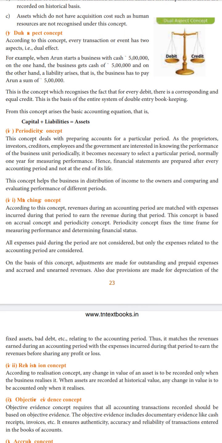So there must be revenue which is matched with the expenses incurred during that particular year. Why it is specified as that particular year is that there may be a few expenses.